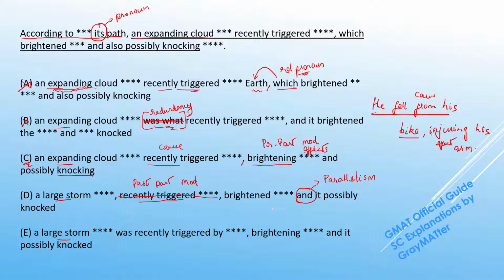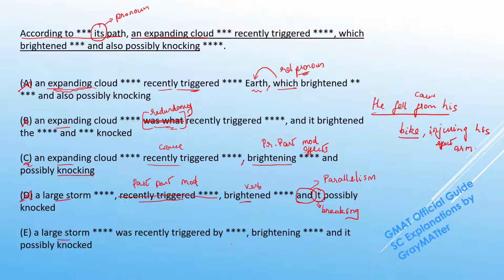So notice this construction, "brightened and it possibly not." So if I use the verb "brightened" here, do I need to say "it possibly not," or can I directly say "brightened and possibly not"? Obviously, in order to have perfect parallelism, we just need to say "brightened and possibly not." So this pronoun "it" is breaking the parallelism. So D can be eliminated.